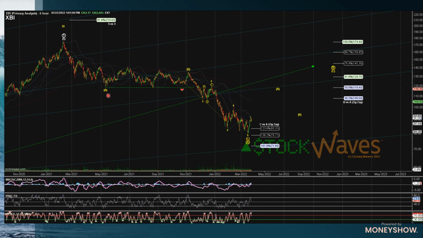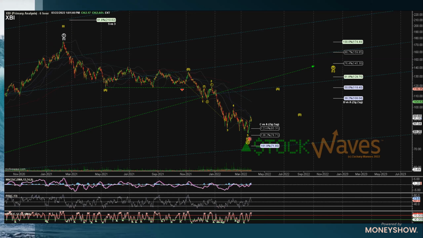We got an initial move down that was most likely just an A wave, could have been an A wave at an even larger degree, and then just had some corrective movement sideways into November and then started to turn down and break support. Going into the end of the year, XBI was one of those charts that Garrett and I looked at and said, you know what, this can easily be a corrective bounce as the wave 2 inside a larger C wave down.